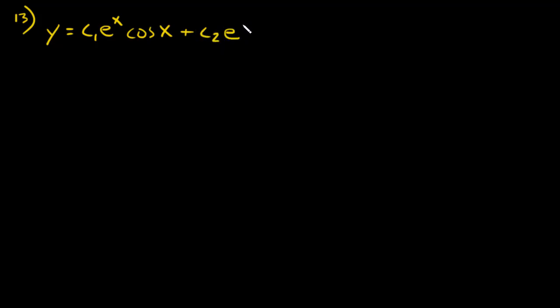Yep, e to the x sine x. Isn't that beautiful? There's usually that symmetry just kind of hanging around. Now we are given that the differential equation is y double prime minus 2y prime plus 2y equals 0. Okay, so that's what we're going to use for everything that follows, A, B, C, and D.